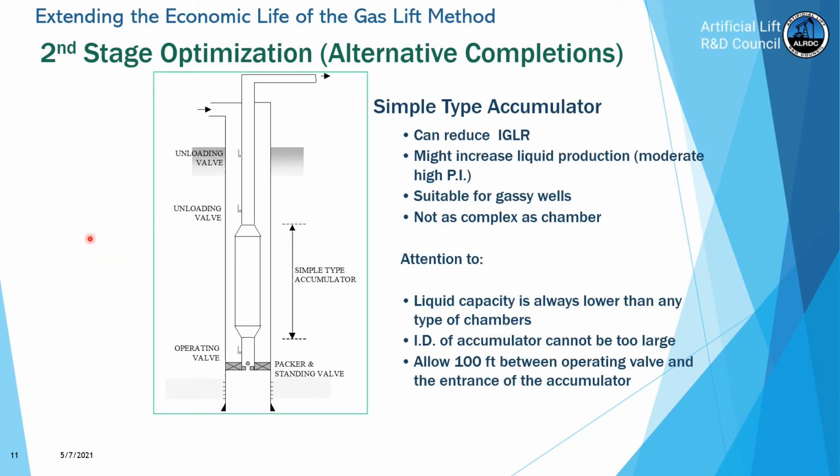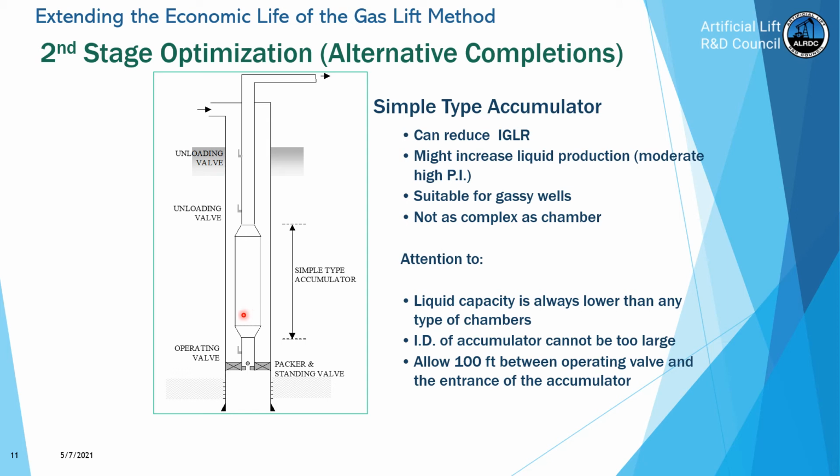This is what we call a simple type accumulator, and it's nothing more than having the inside diameter of the production tubing slightly greater than the inside diameter of the rest of the production tubing, right at the point where we're going to generate the liquid column. Now, this is not drawn to scale, of course. Usually, the length of the accumulator is much less than the TVD or measured depth of the entire tubing.